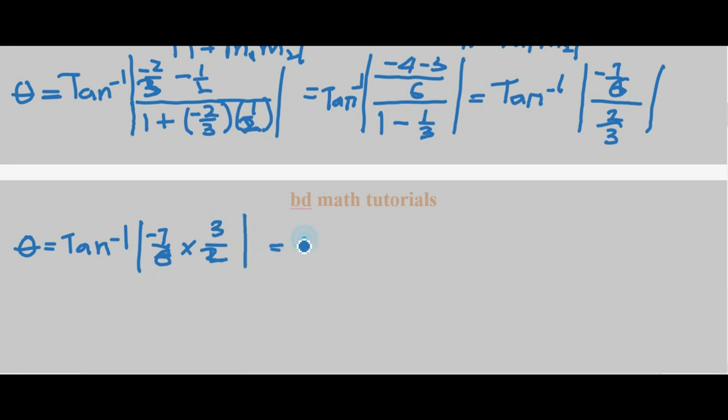This is arctan of the absolute value of minus 7 over 4, which is the same thing as arctan of 7 over 4.